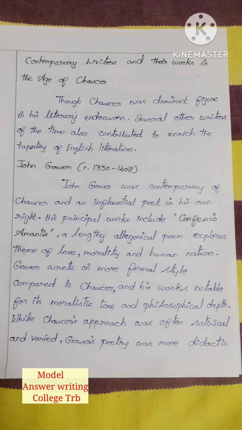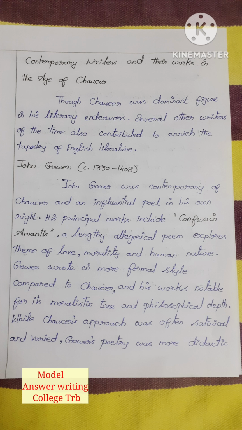Gower wrote in a more formal style compared to Chaucer, and his work is notable for its moralistic tone and philosophical depth. While Chaucer's approach was often satirical and varied, Gower's poetry was more didactic, reflecting his interest in teaching moral lessons.